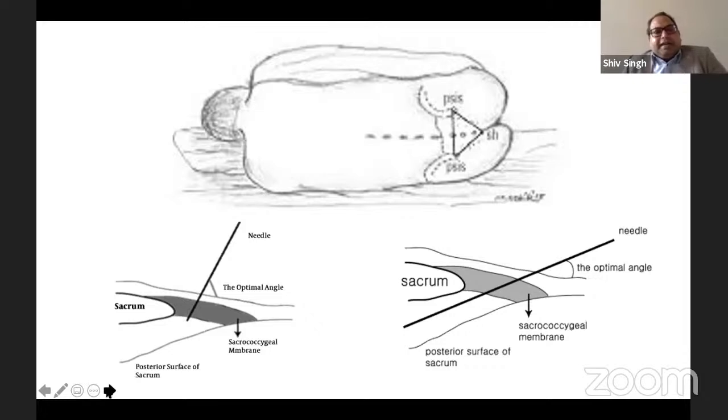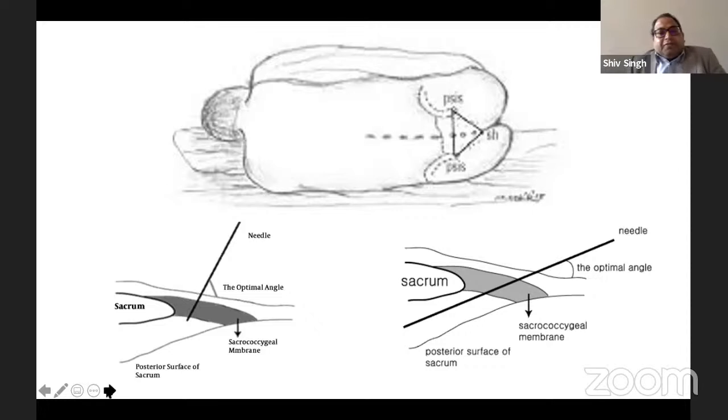You introduce the needle at around 45 degrees and pierce the sacrococcygeal membrane. You feel a give, a pop, through that. Once you get that, you have to reduce the angle to move the needle in, and then inject local anesthetic after a negative aspiration.